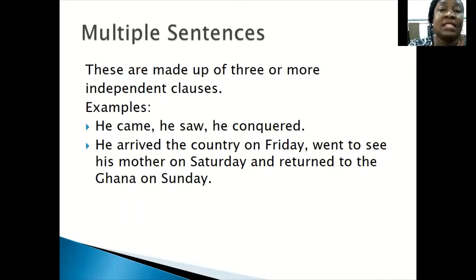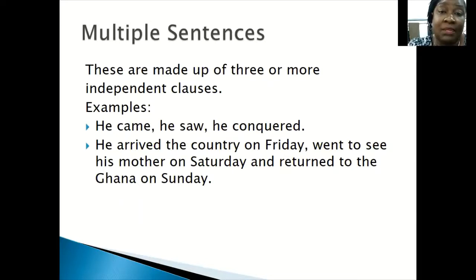The second example reads, he arrived the country on Friday, went to see his mother on Saturday, and returned to Ghana on Sunday. He arrived the country on Friday is an independent clause. It is a complete sentence. He went to see his mother on Saturday is also an independent clause.